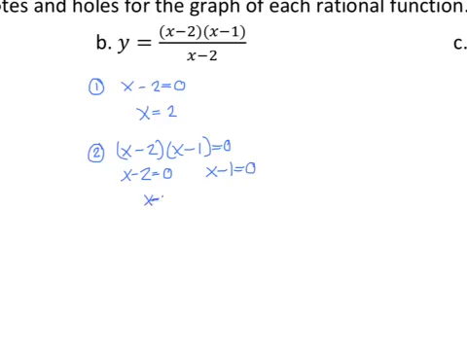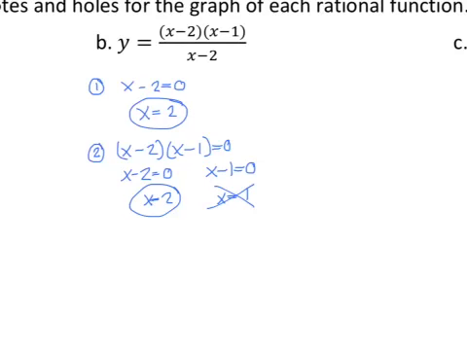So x equals 2 and x equals 1. These two match, and x equals 1 doesn't match. Since that one was in the numerator only, we don't have to worry about it anymore. So now we're just dealing with x minus 2.